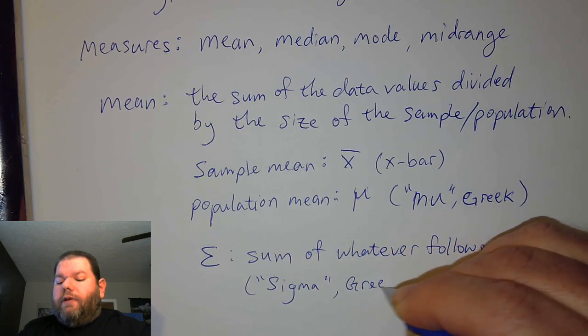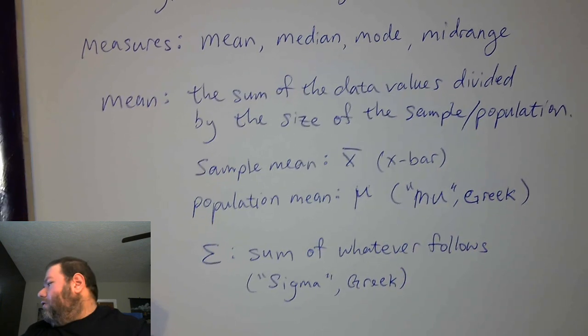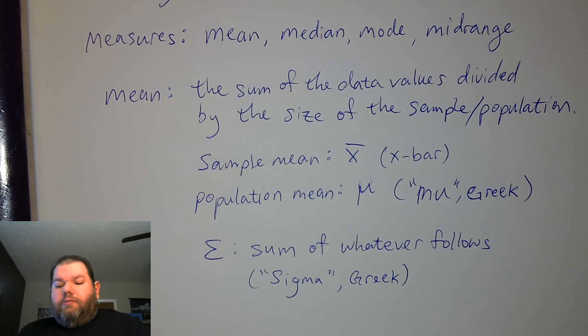And again, that's Greek. And I stress that that's the capital sigma because we'll also be using lowercase sigma for something else in section 2. Okay, so that's some of our basic notation.